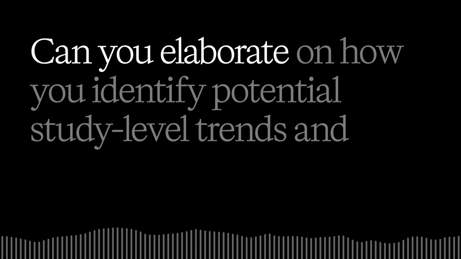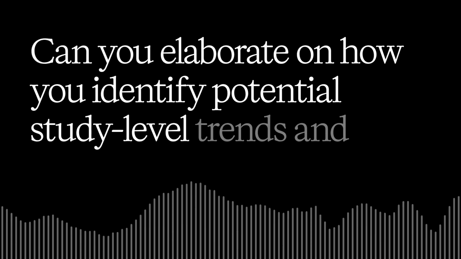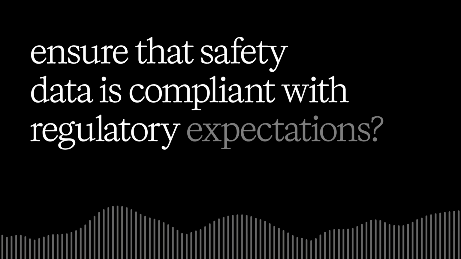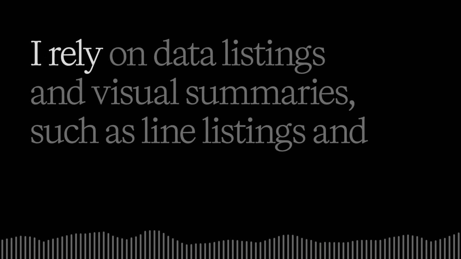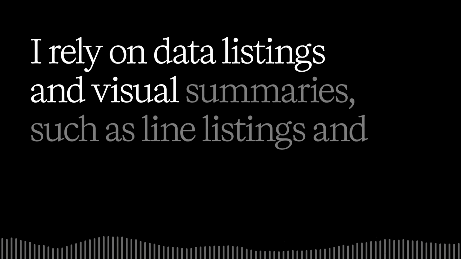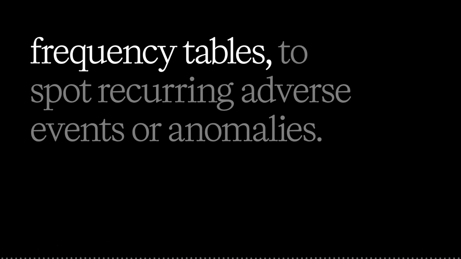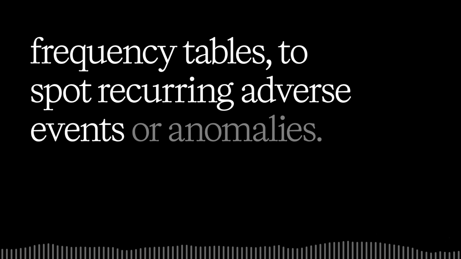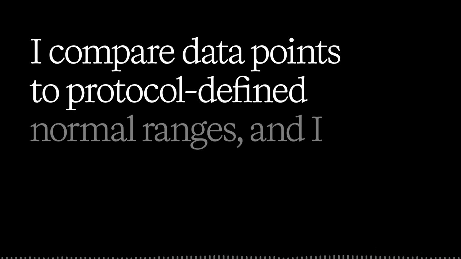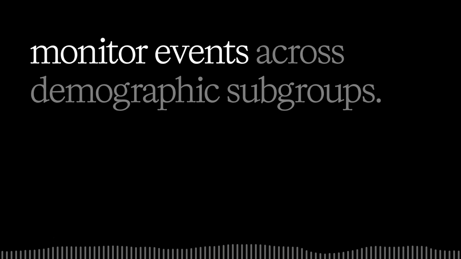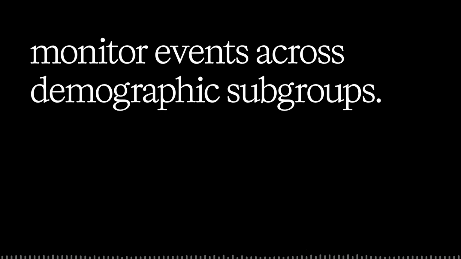It's important to not only assess individual findings, but also look for cumulative patterns across patients. Can you elaborate on how you identify potential study-level trends and ensure that safety data is compliant with regulatory expectations? I rely on data listings and visual summaries, such as line listings and frequency tables, to spot recurring adverse events or anomalies. I compare data points to protocol-defined normal ranges, and I monitor events across demographic subgroups.